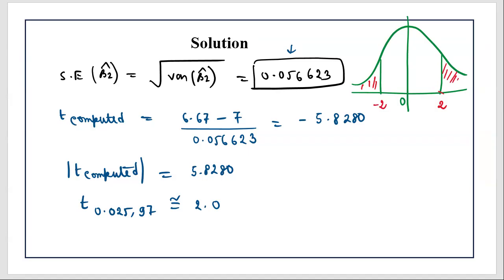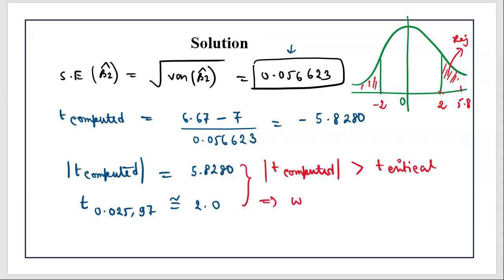What is the computed value? The computed value is way out here, 5.8 something, which definitely falls into the rejection region. So what we can say is that T computed is strictly greater than the T critical value.